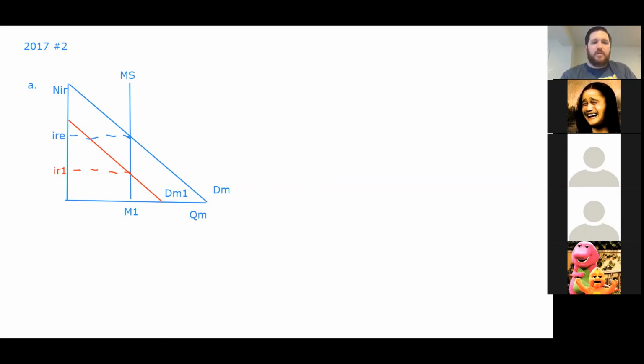So let's go here. B1 is what happens to the price of previously issued bonds. We just answered this question in the previous one, but that was based on a change in the money supply. Now this is not based on a change in the money supply.